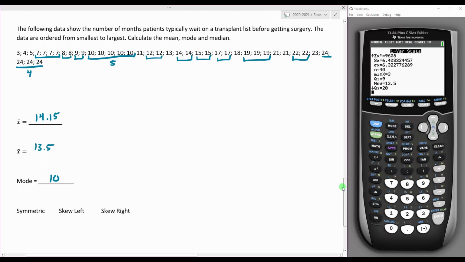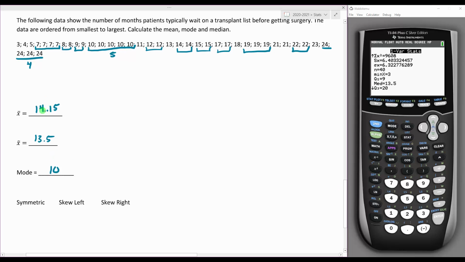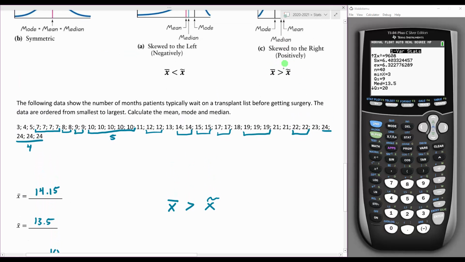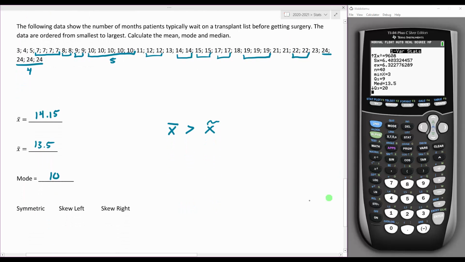Now if I'm looking at my mean and my median, the mean is greater than the median, because we have 14.15 versus 13.5. And if I recall from what I was just saying, when the mean is greater than the median, we are going to be skewed. So I'm going to say skew right, but slightly, because it's really not that much bigger.